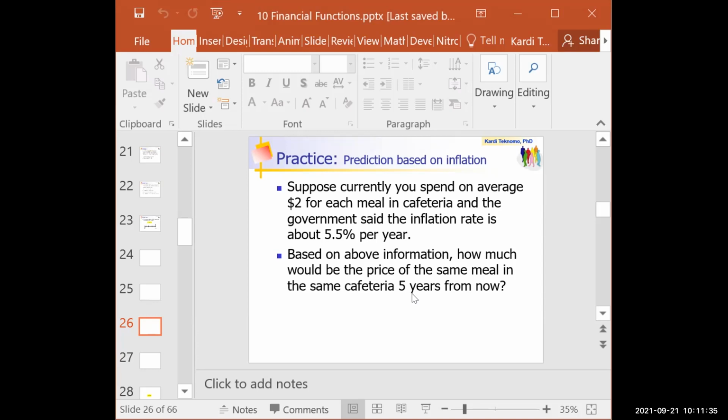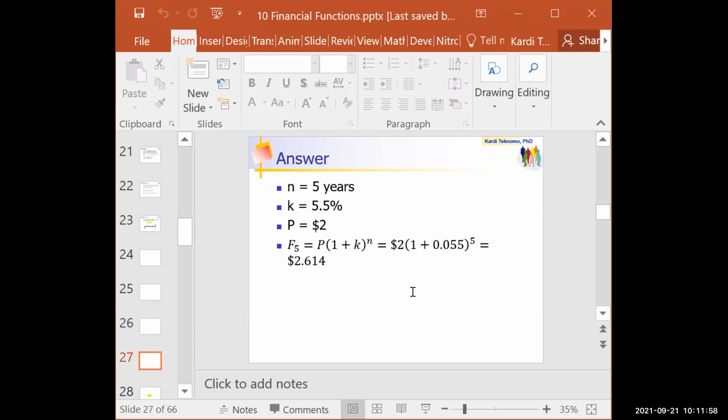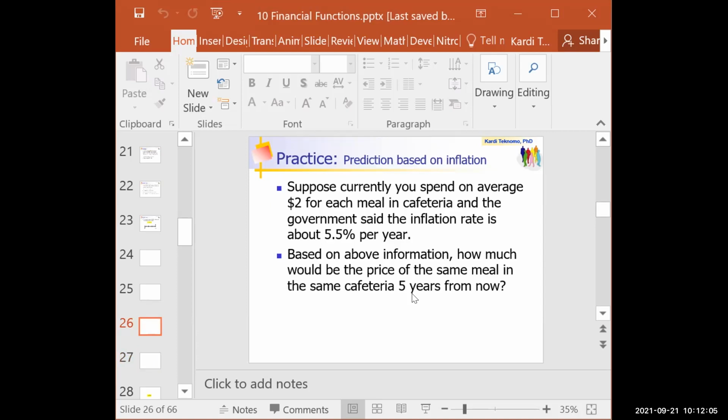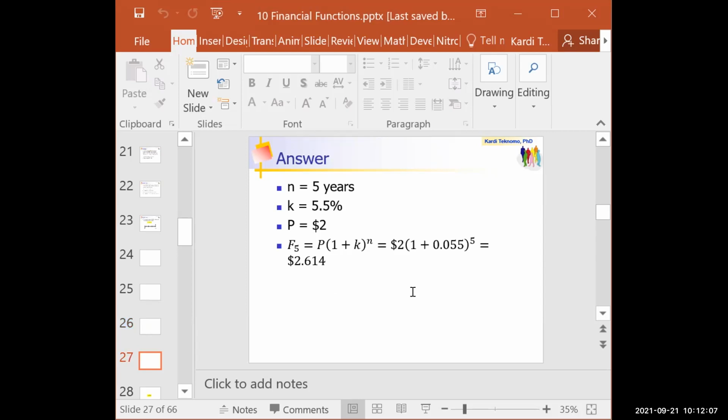Present value is $2. Okay. It should be 2.61, right?